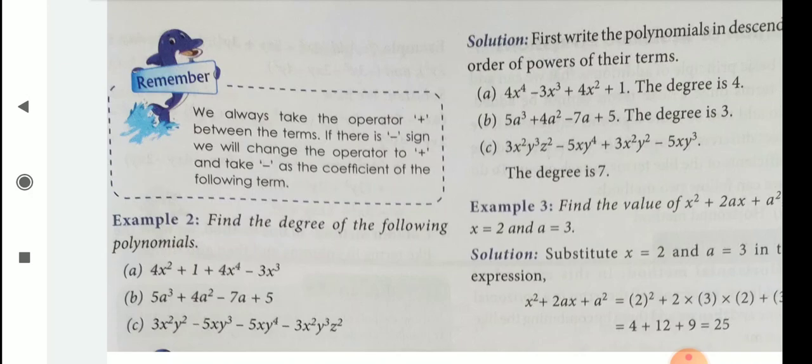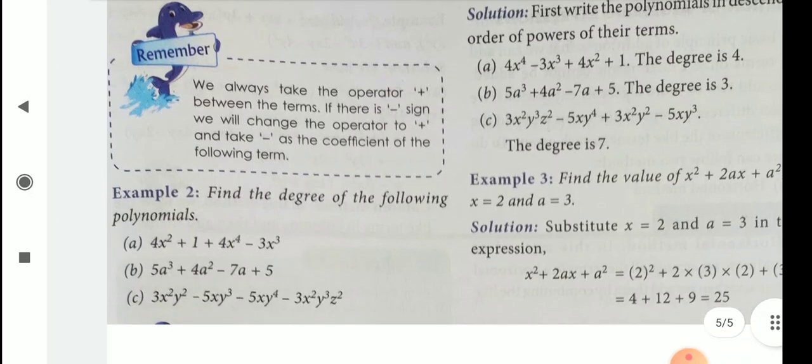Then the B bit: you see 5a cube plus 4a square minus 7a plus 5. Here easily you can see 5a cube, so the degree of the expression is 3. Like this, you see the C bit. Here two variables are there, x and y, so here you add their degrees.